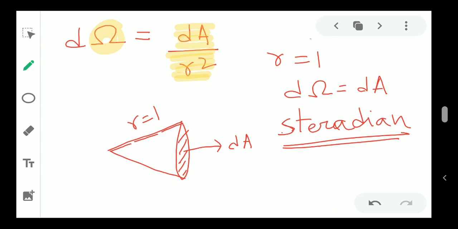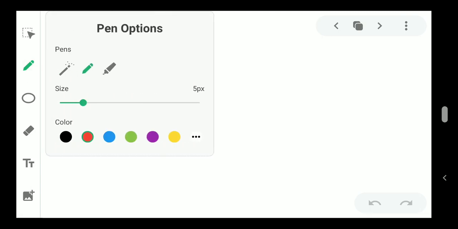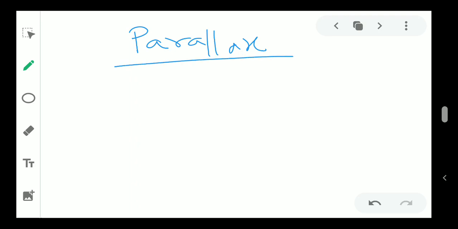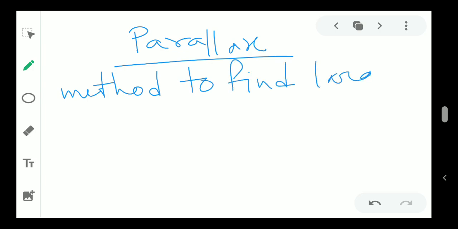Now coming to the most important thing, the next topic, that is our parallax, and I have to teach you this nicely, and you also have to concentrate a little bit. What is parallax? Parallax is a method to find large distances.